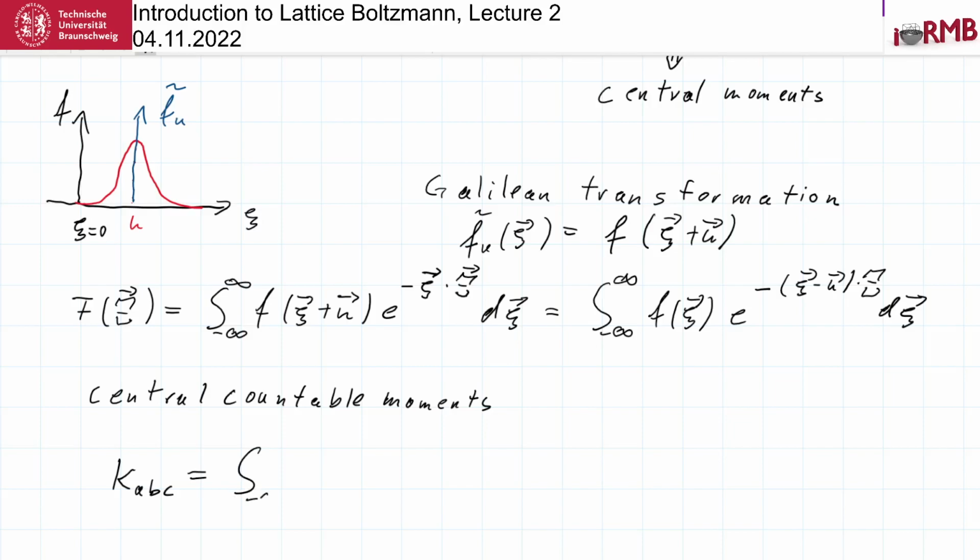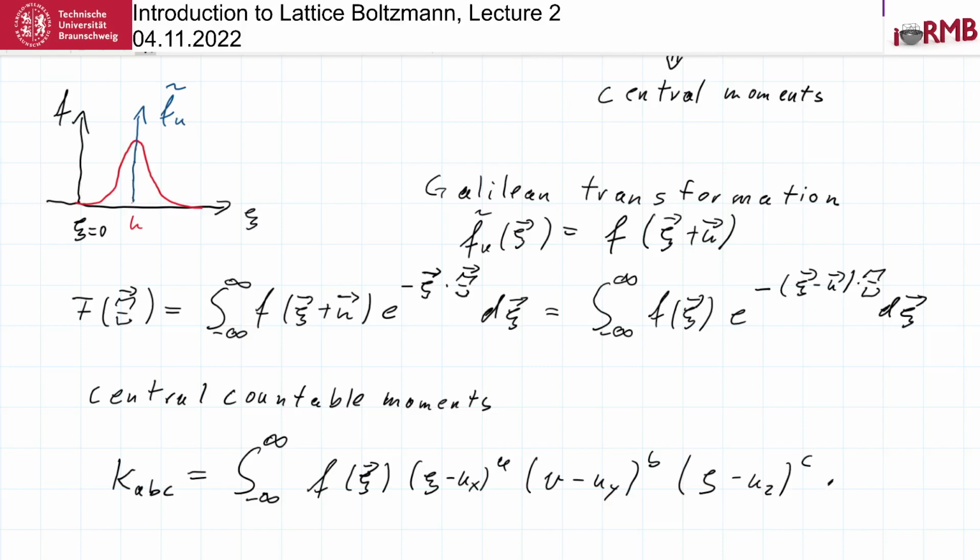K_abc now becomes the integral from minus infinity to infinity of f(xc), and what is in the exponent comes down, so this becomes (xc minus ux) to the power a, (upsilon minus uy) to the power b, and (zeta minus uz) to the power c, dxc. Clear, right? These are now de-shifted moments, so they are centralized.